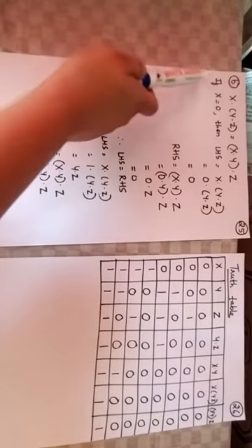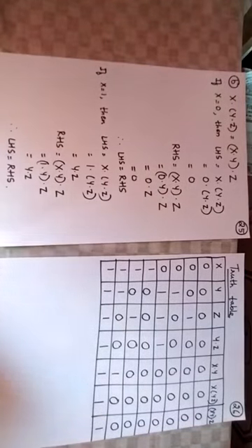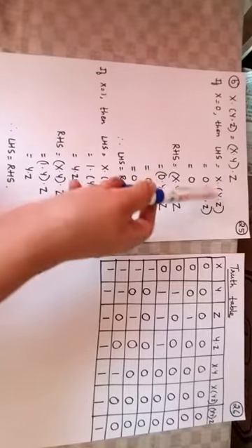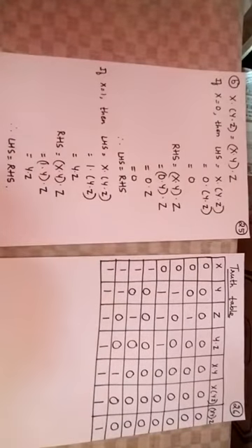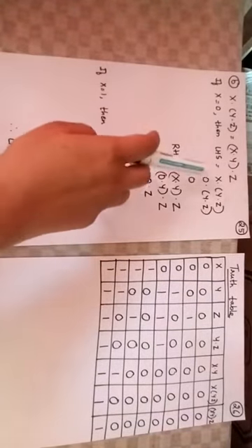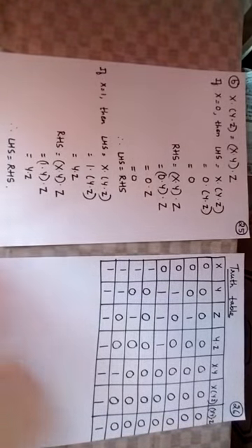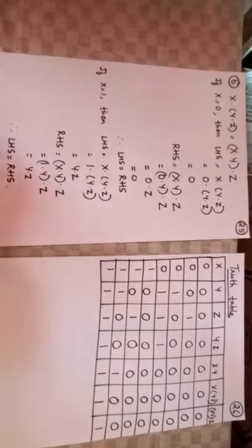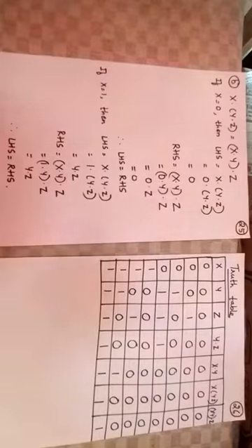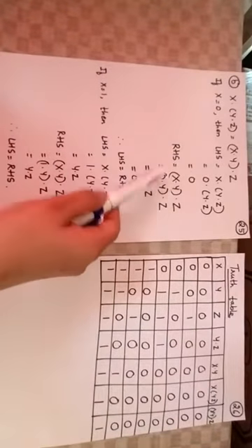Take x equals 0. Then what is the left hand side? It says (x · y) · z. Replace the value of x, so it is (0 · y) · z. 0 · y results in 0, because of the properties of zeros and ones, and then 0 · z is 0. Now take the right hand side. It is again x · (y · z). Replace the value of x with 0.